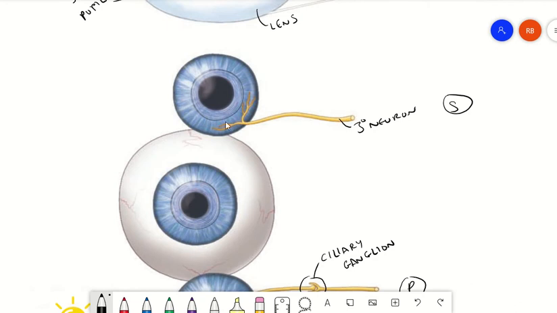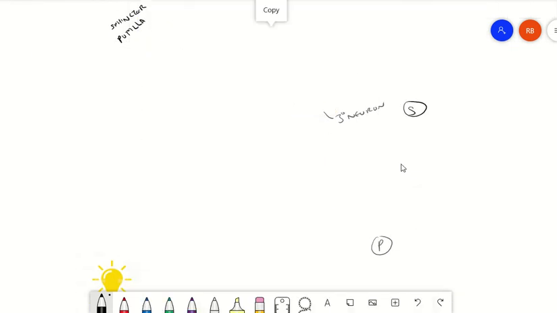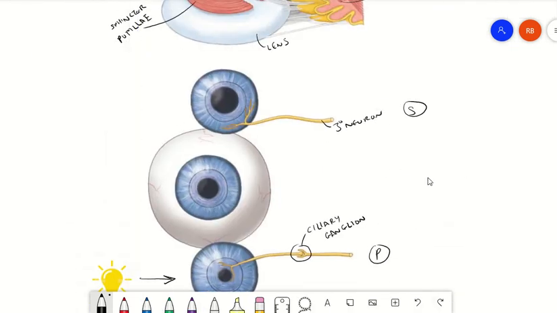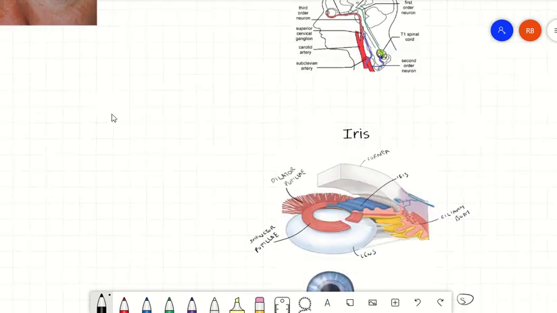And you can see these fibers are innervating the longitudinal muscle, the dilator pupillae. So that gives you an overview of iris function and those two muscles in a bit more detail.